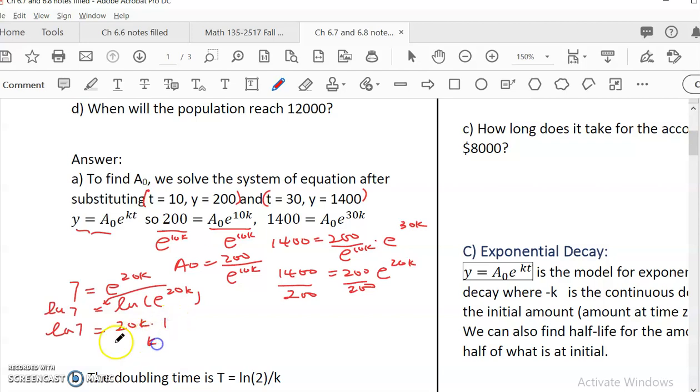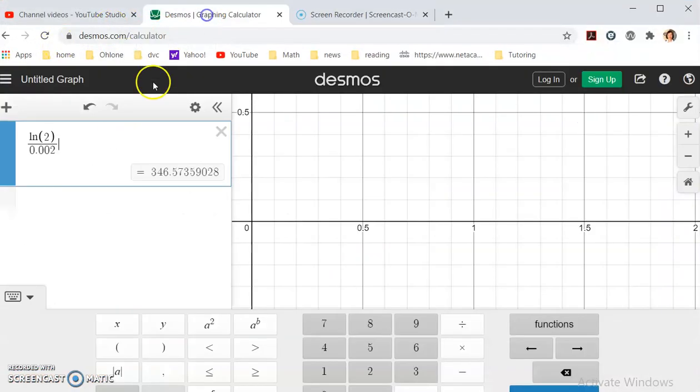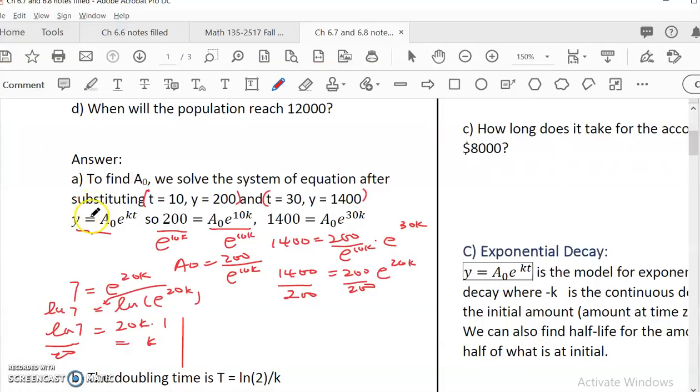So k is ln 7 divided by 20. Put it in the calculator, you can use decimals: ln 7 divided by 20 is 0.0972955. Use as many decimal places as possible because you don't want to have too much rounding error.